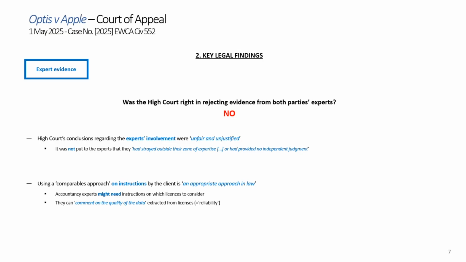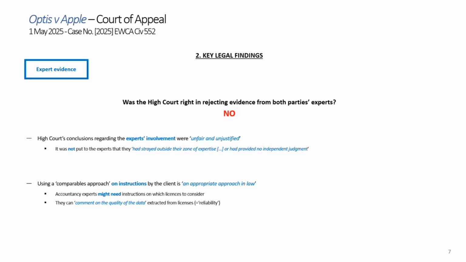Now let's turn to the decision of the Court of Appeal, and let's see what the court said regarding some of the aspects we've discussed already. So one fundamental question here, which the Court of Appeal asked itself, was whether the High Court was right to reject the evidence of both parties' experts.